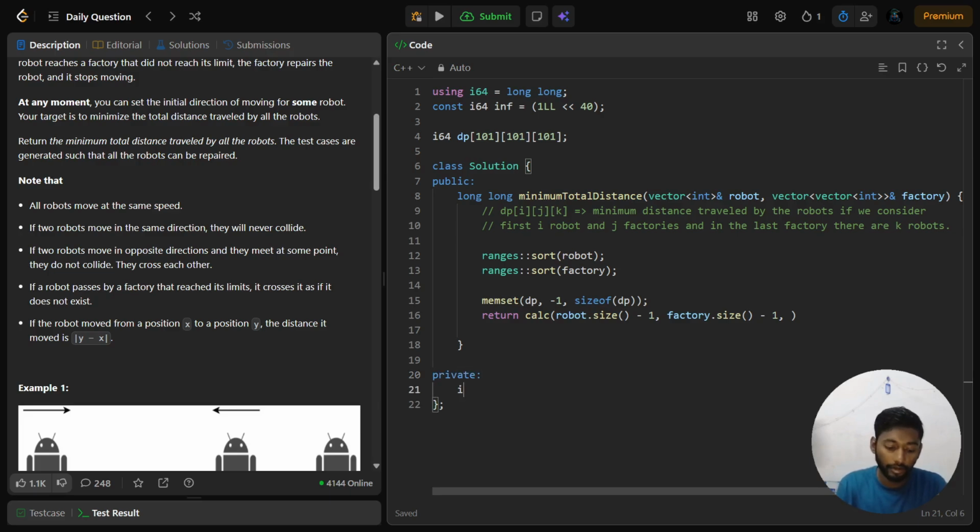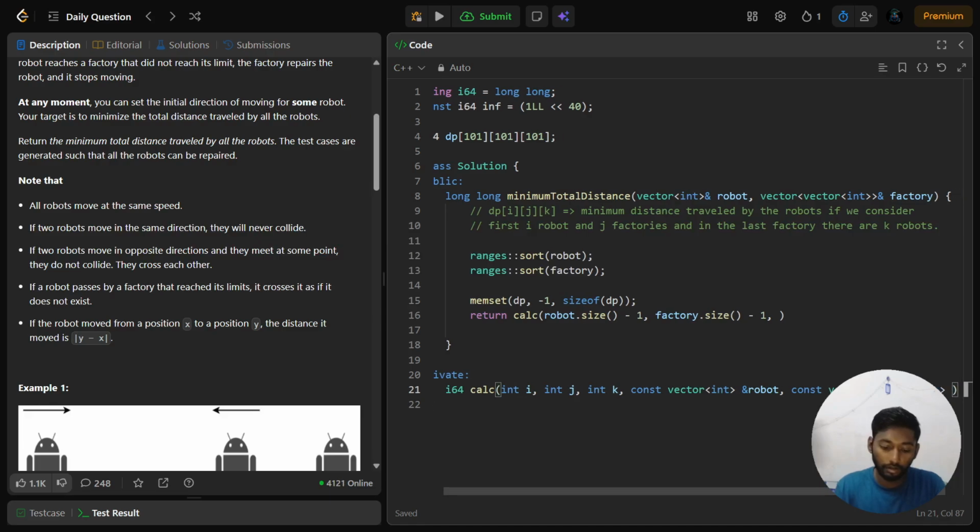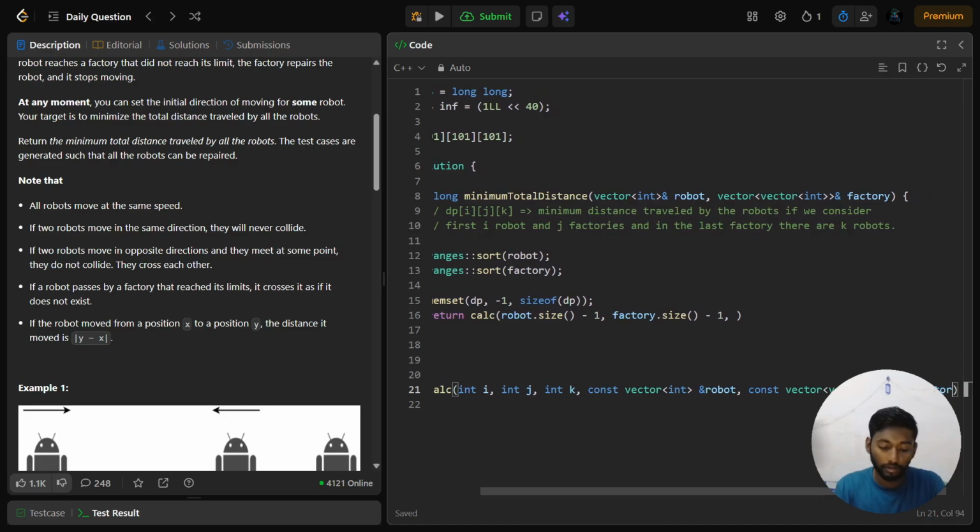Let's write the calculate function here. It will take i, j, k, and let range robot, comma, method in factory.